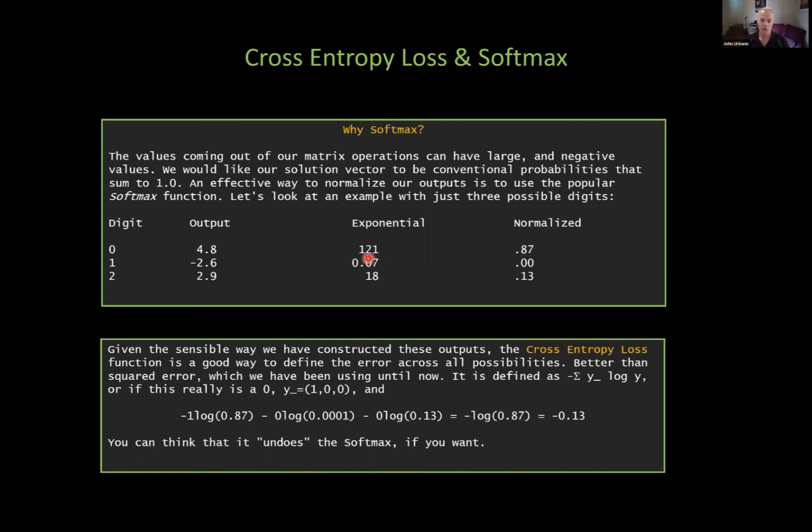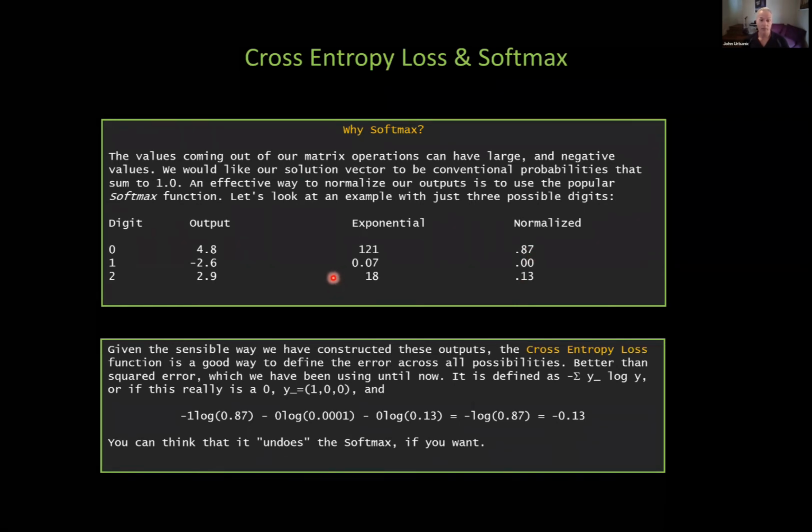So all we need to do is divide by the total to normalize these back down to 1. And boom, we've got some nice normalized values where, rounded off, this is now 87% probability it's a 0, 13% probability it's a 2, and 0% probability it's a 1. So softmax is just a very straightforward function that does a nice job of scaling our outputs to probabilities. So that's what we're going to use for our output.